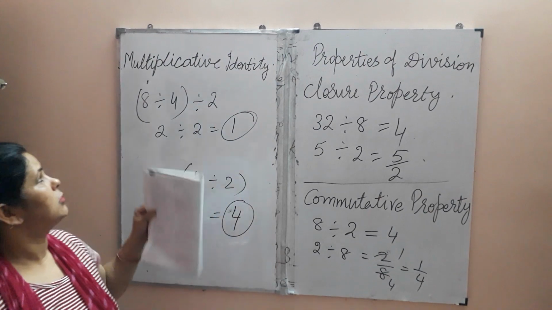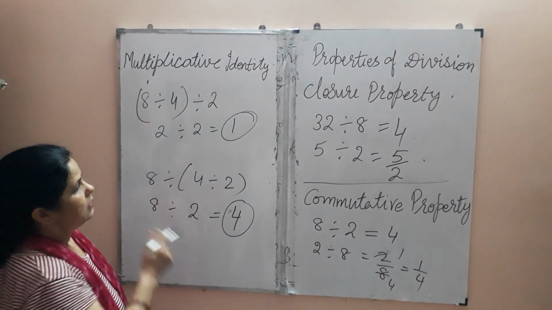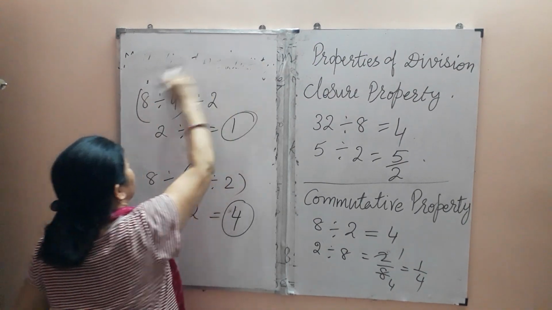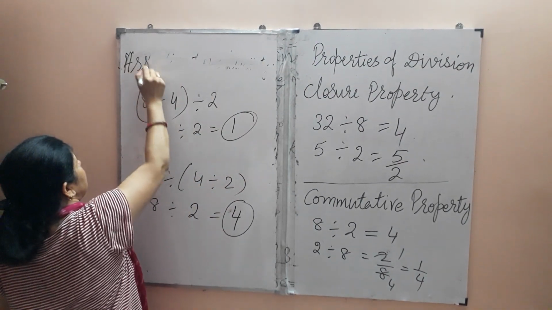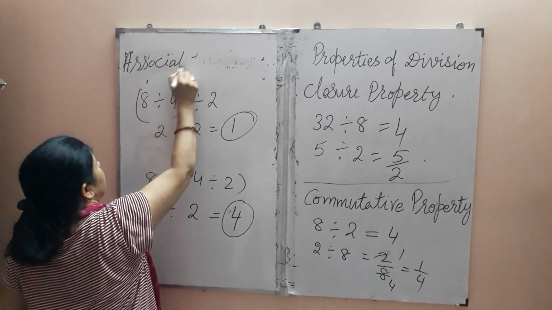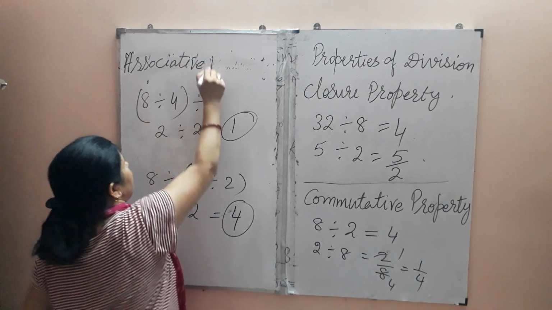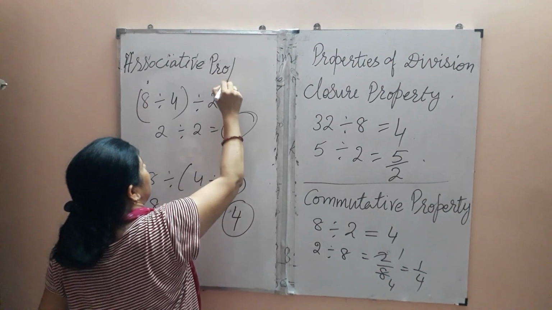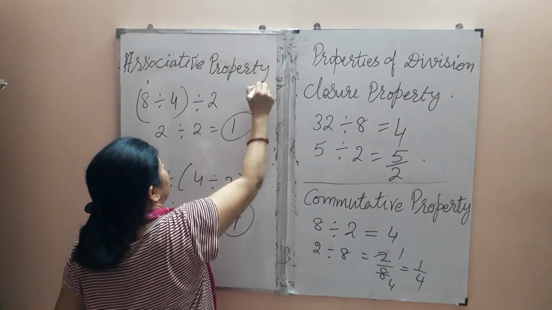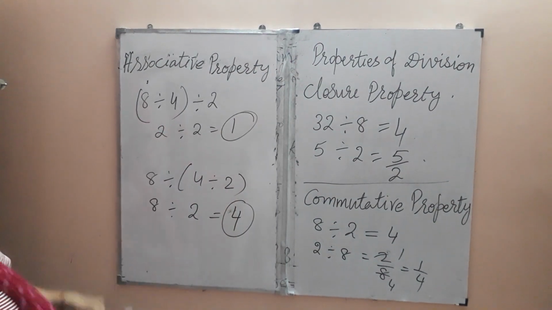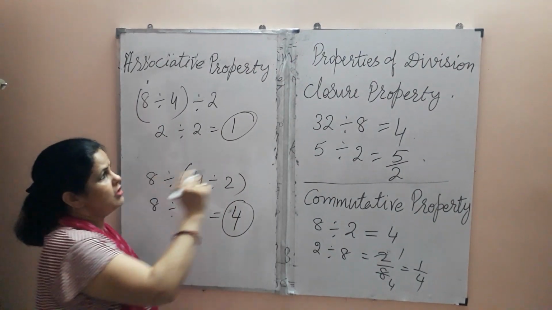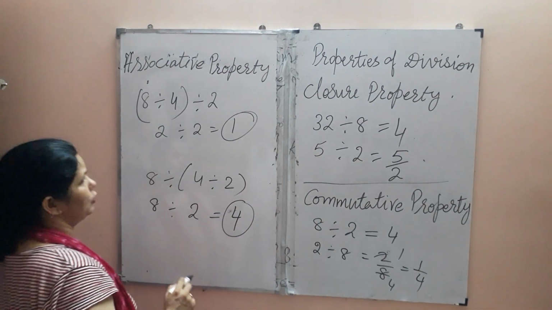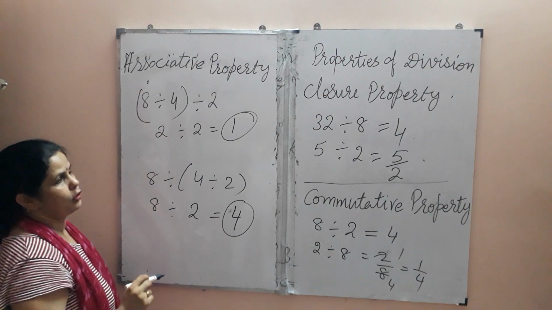So this is the associative property, which is also not true under division. So in division, closure property is not true, commutative property is not true, and associative property is not true.